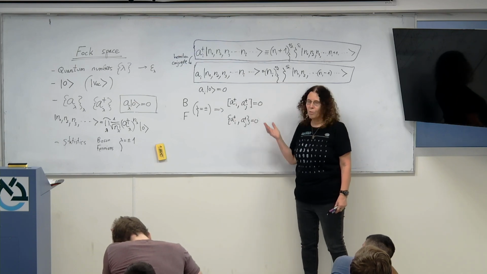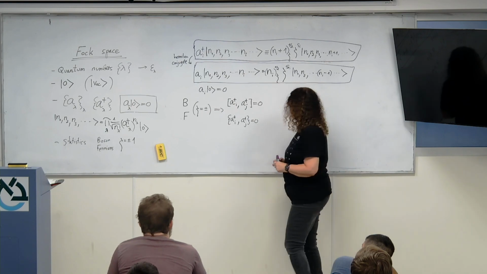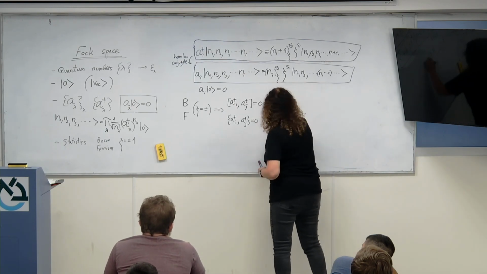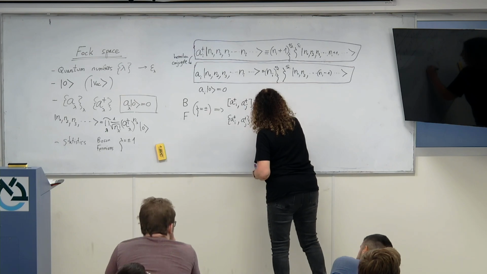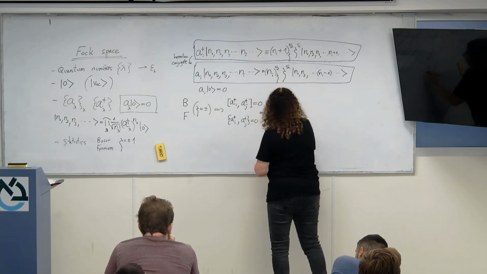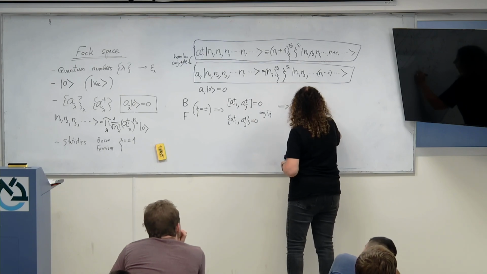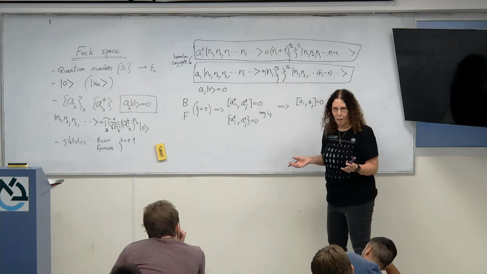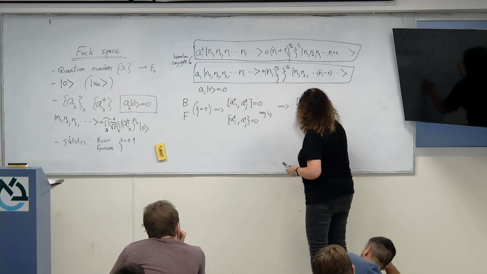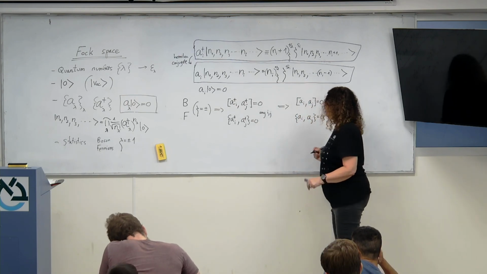What is the Hermitian conjugate of A dagger? It's A. So from this it trivially follows, for any i, j, that the same commutators will hold for the annihilation operators. And it's the same for fermions and bosons, except for fermions you get anti-commutators.